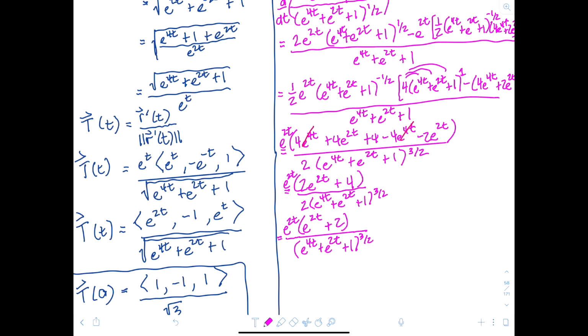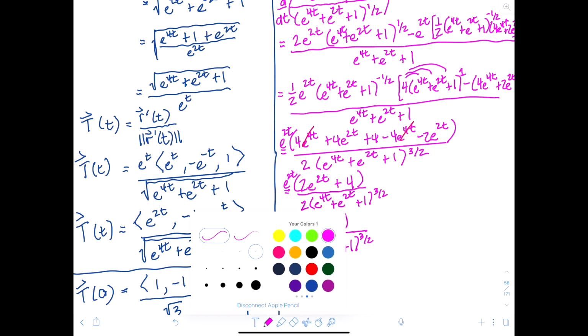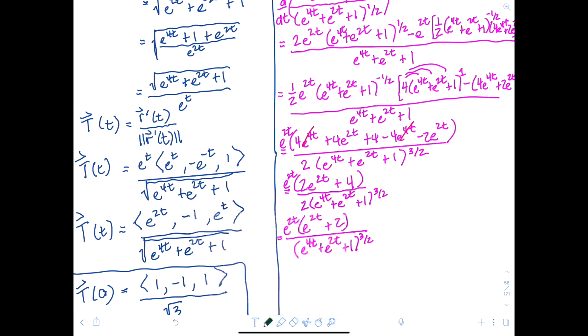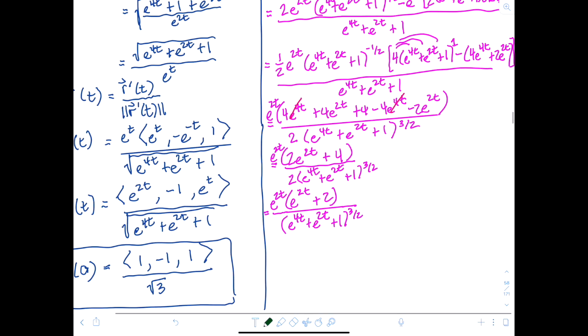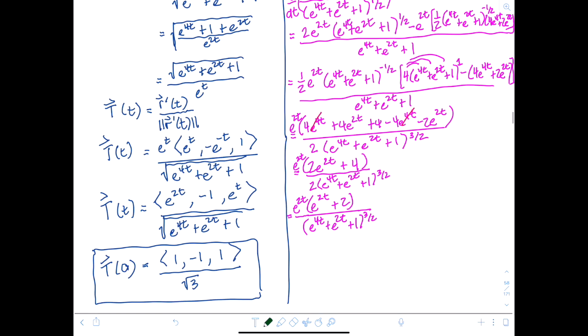Okay. The second component we'll do in a different color, in green, I guess. The second component will be easy because it was -1.